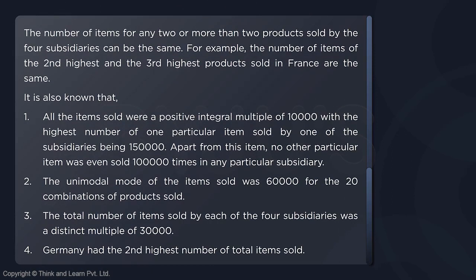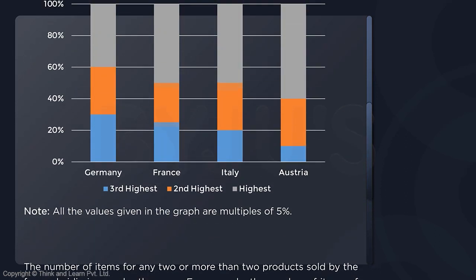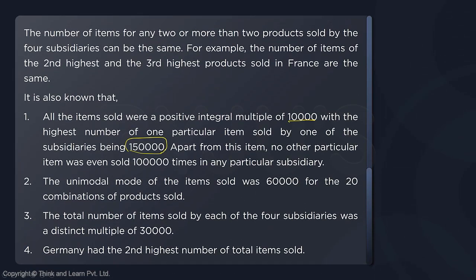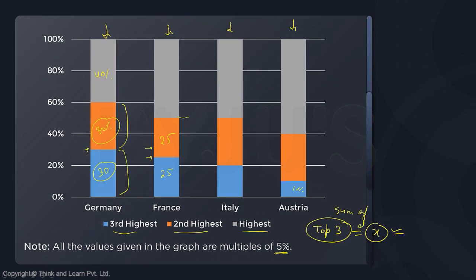It is also known that all the items sold are positive integral multiples of 10,000s, with the highest number of one particular item sold by one of the subsidiaries being 1,50,000. So we have 4 countries and 5 products. 4 into 5 is 20.